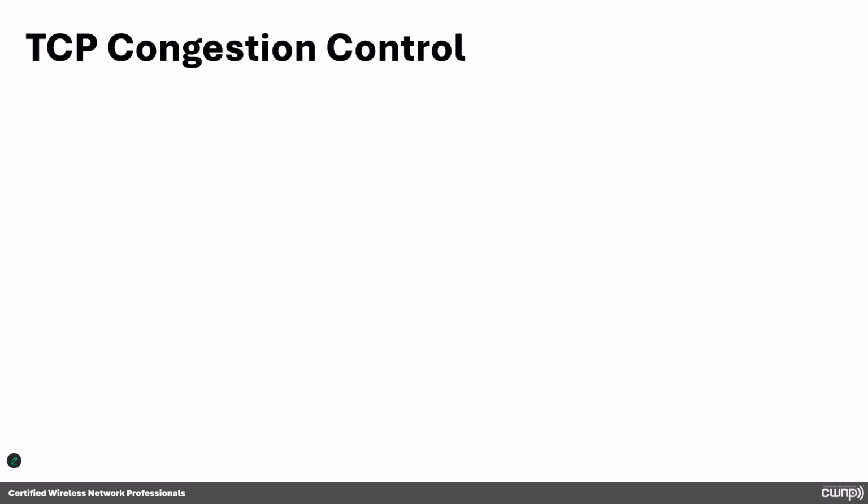TCP is not TCP is not TCP. And what I mean by that is there's a wire image of TCP. So what we mean in networking protocols, when we talk about the wire image, is what does it look like on the wire? So take the TCP header.